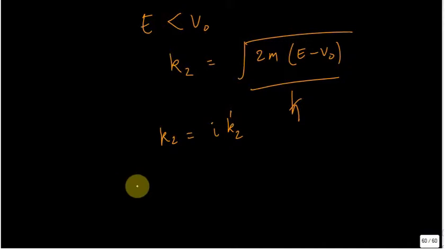So the solution was C e, again we don't have any counterpart from the right, it's only going to the right. C e to the power, it was i times K2x, right? So i times i K2 prime x, where K2 prime is a real number, right?